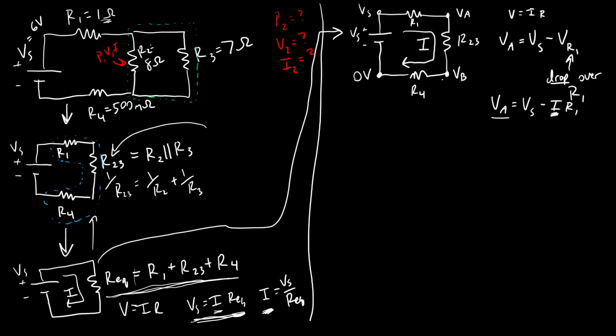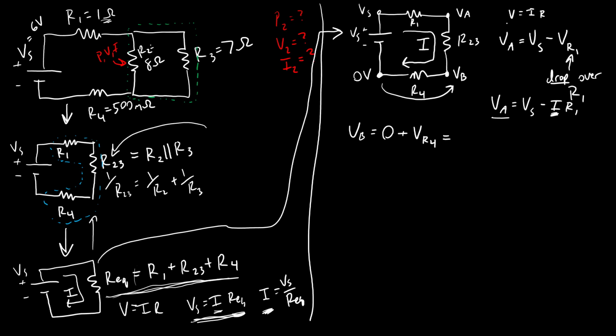I can do the same thing for VB, which is going to be 0 volts plus the voltage drop over R4. So 0 plus VR4. It's kind of redundant to write 0 plus something there, but I'm writing it just to be consistent, to show that we're adding the voltage from this point to get the voltage over at that point.